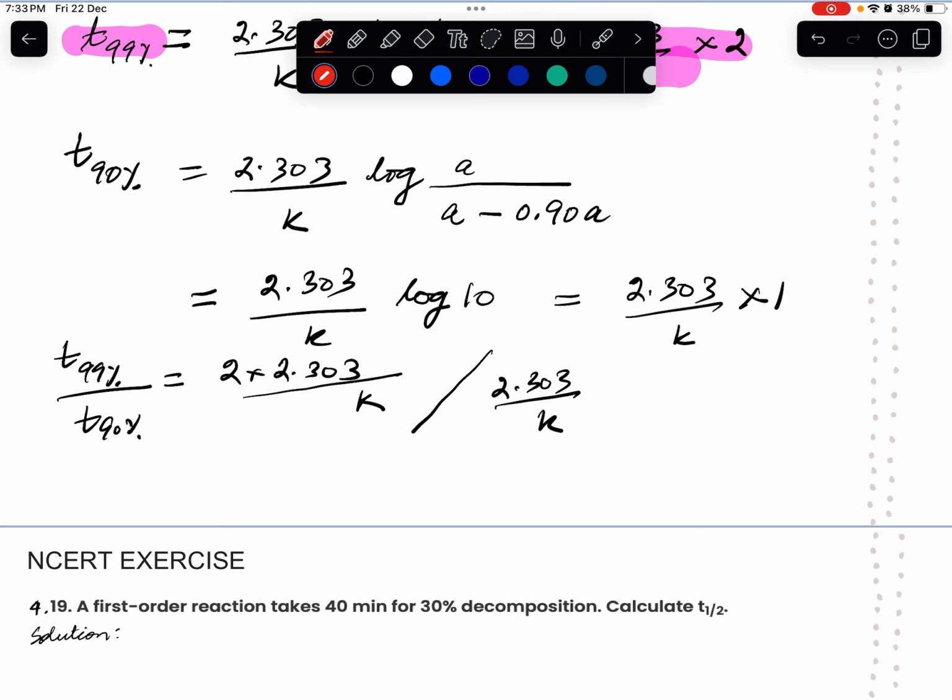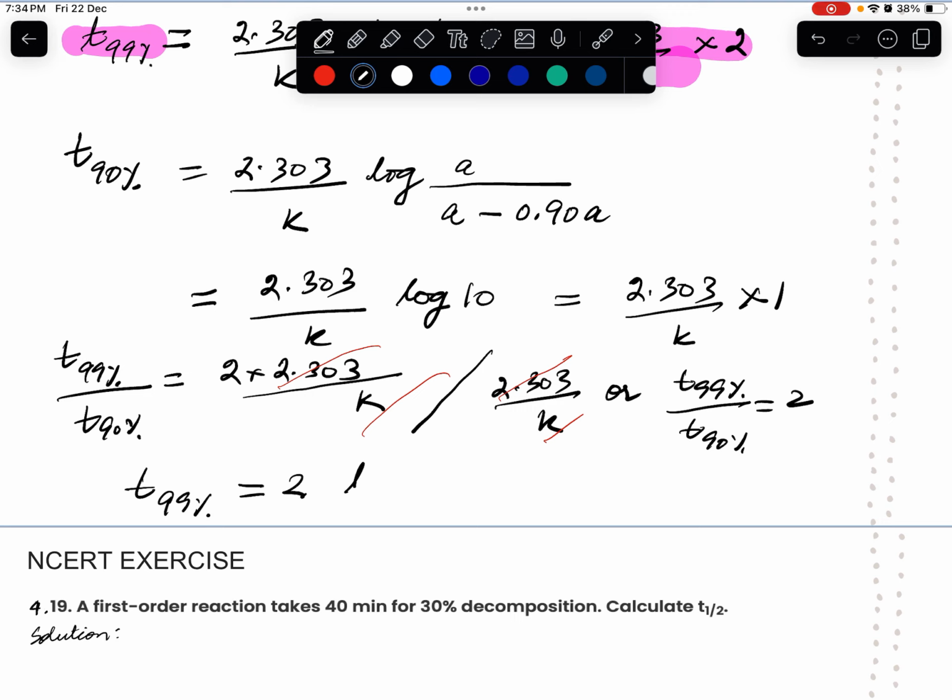The common terms will cancel out, and when we simplify, we are left with T 99% divided by T 90% is equal to 2, or we can say T 99% is twice T 90%, and this is what we had to show.